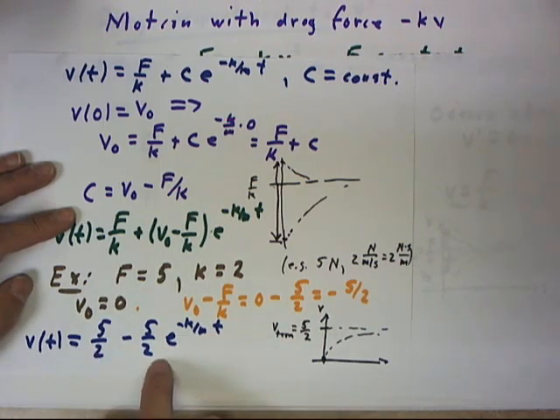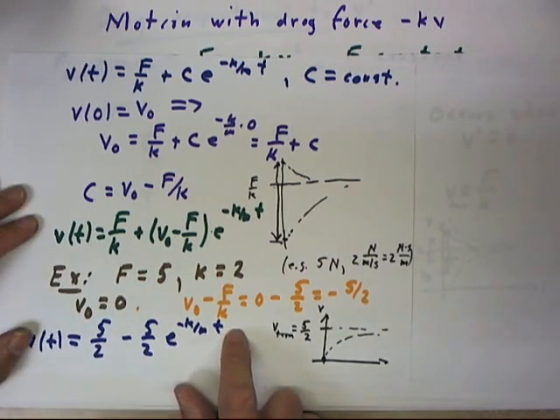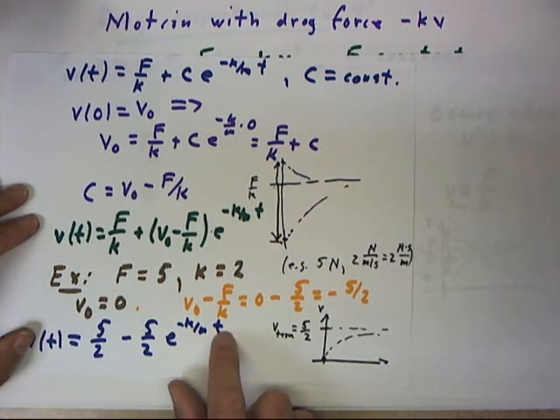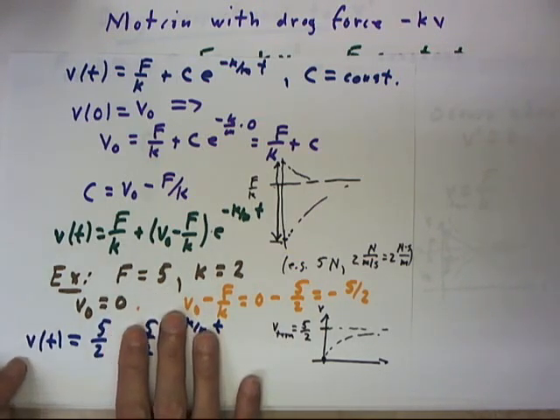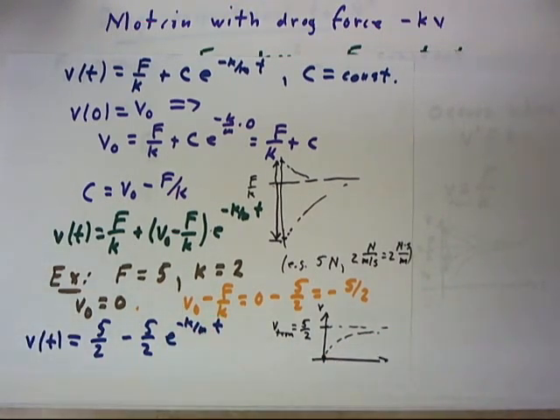We get 5/2 minus 5/2 is 0, so our velocity at t equals 0 is indeed 0. As t approaches infinity, e to the negative k over m t approaches 0, because this approaches e to a negative large power, so that this term goes away and our velocity approaches 5/2 exactly as we expect.